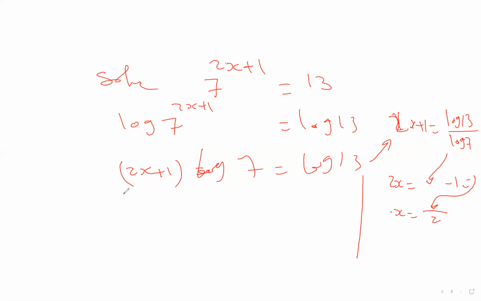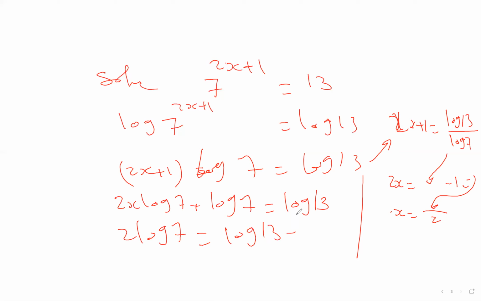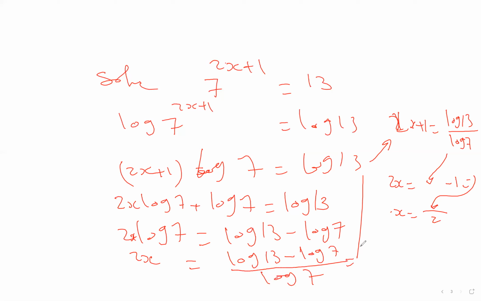Or you can distribute: 2x log 7 plus 1 times log 7 equals log 13. Then 2x log 7 equals log 13 minus log 7. Then 2x will be log 13 minus log 7 over log 7, and find the result by using the calculator.